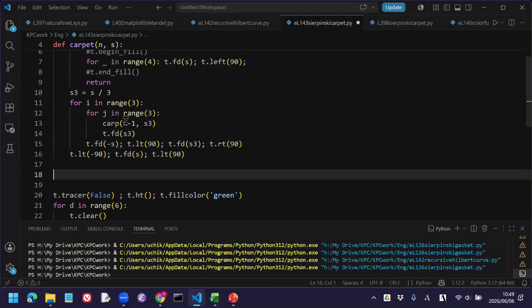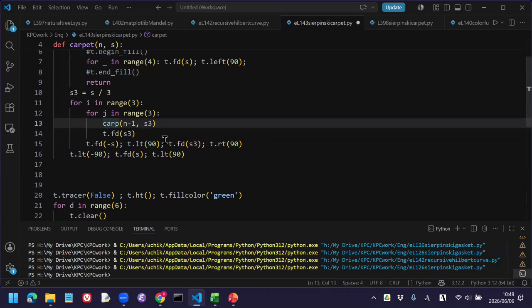So here, instead of just writing carp, we will make a condition. If i not equal to 1 or j not equal to 1, only under this condition will we draw a carpet of n minus 1.